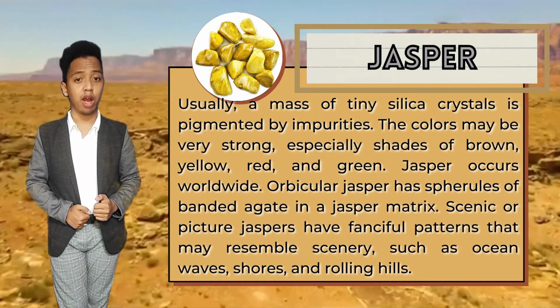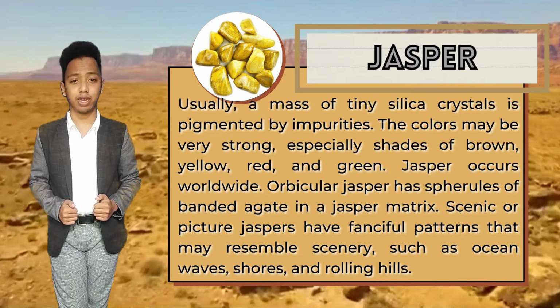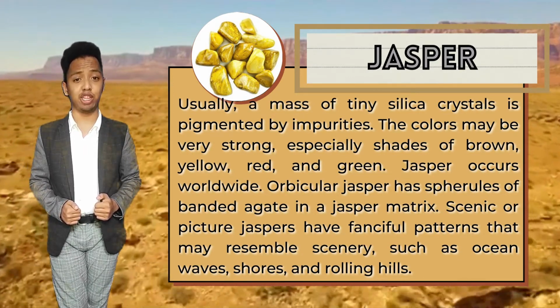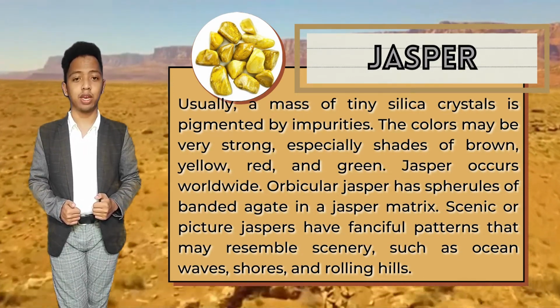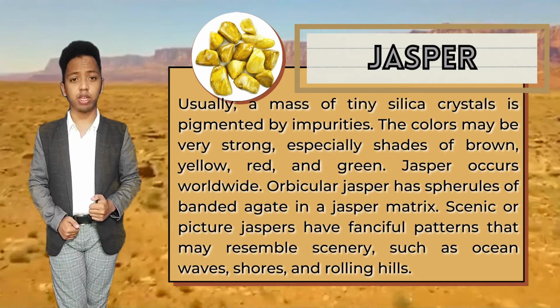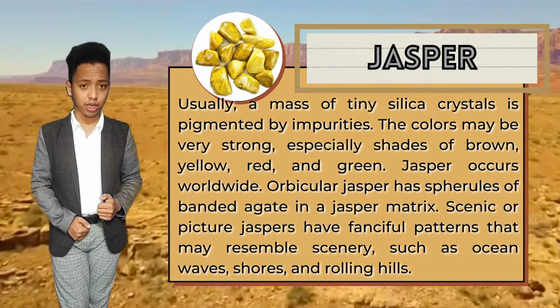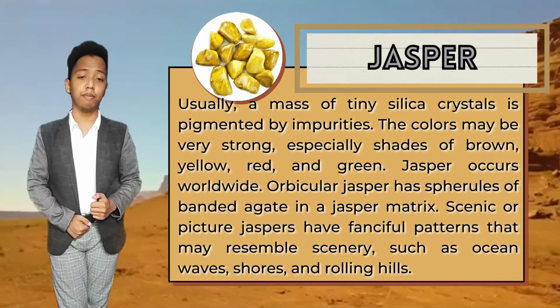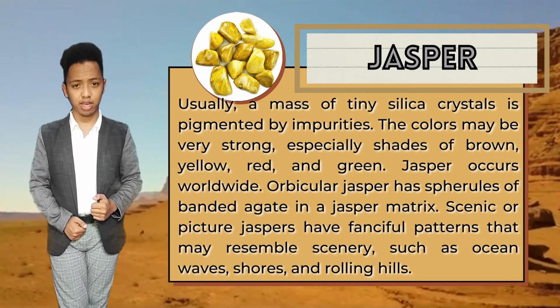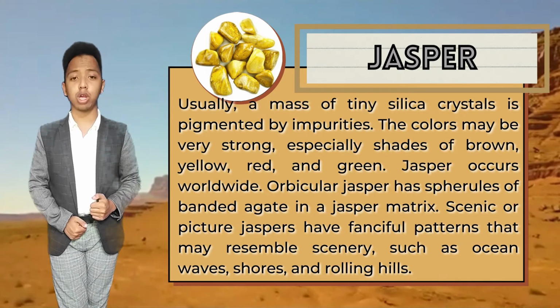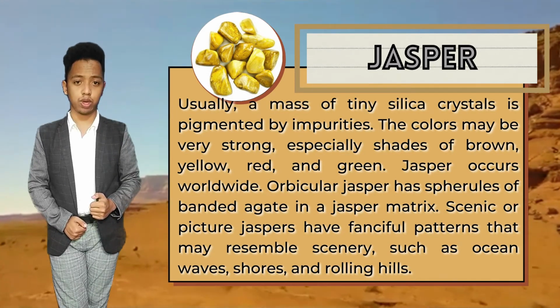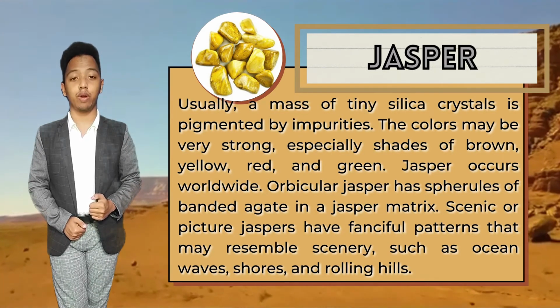Orbicular jasper has spherical rules of banded agate in a jasper matrix. Scenic or picture jasper has fanciful patterns that may resemble scenery such as ocean waves, shore, and rolling hills.